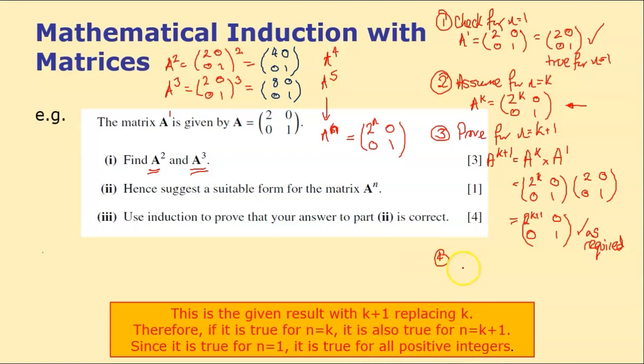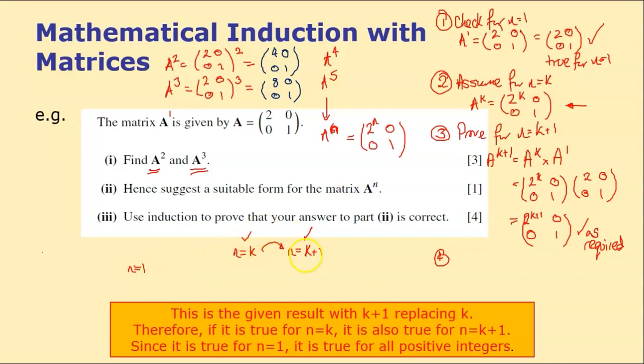The idea is that we assume it's true for n equals k. We prove it's true for n equals k plus 1, which is fine. So if this is true, then this is also true. Now, we've already proven it's true for n equals 1.